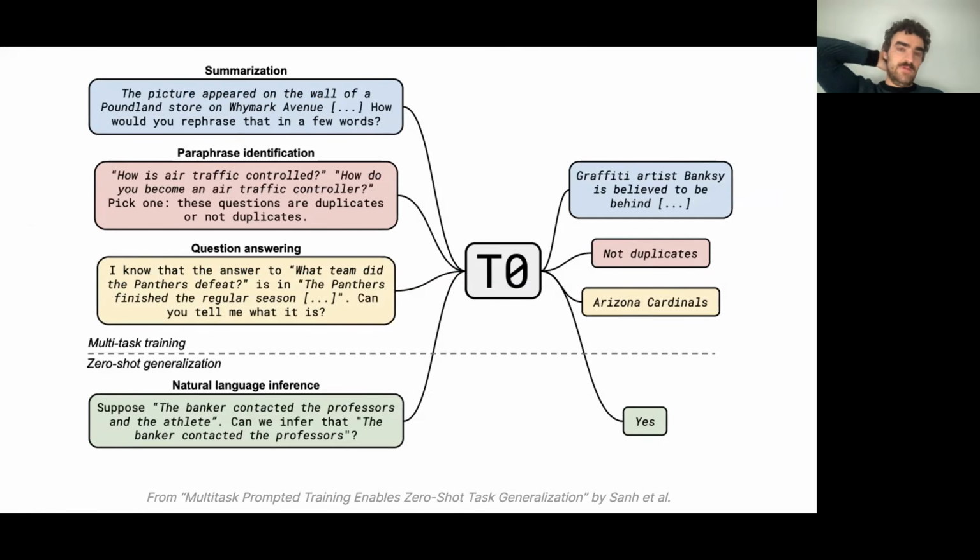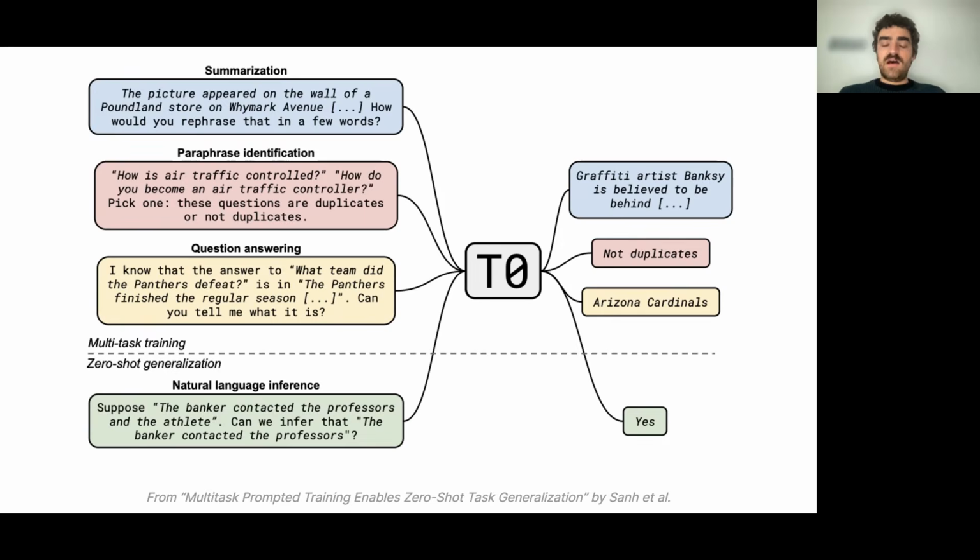Okay, so for example, we might pick a bunch of NLP data sets and convert them to an instruction-like form. So the format that I was describing a few slides ago, where we feed in the text that we want it to analyze, we feed in the request, the instruction, and then we train the model to predict the correct answer.